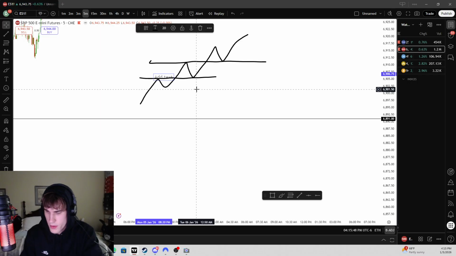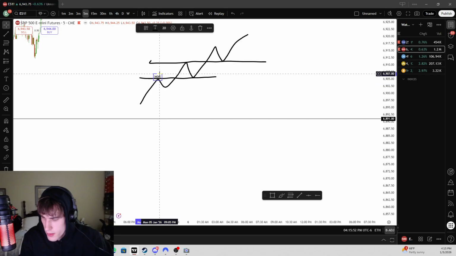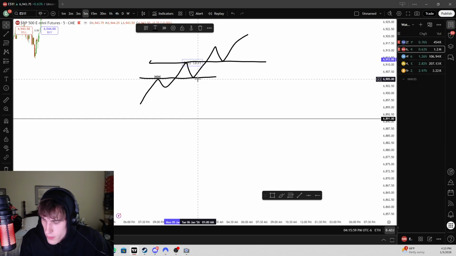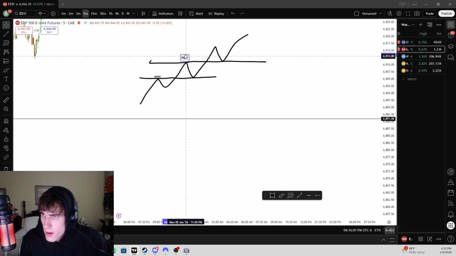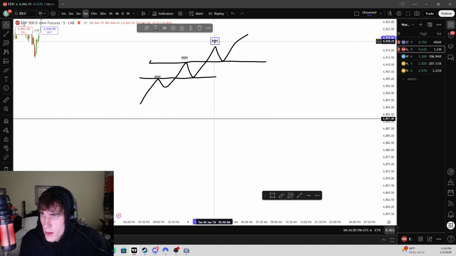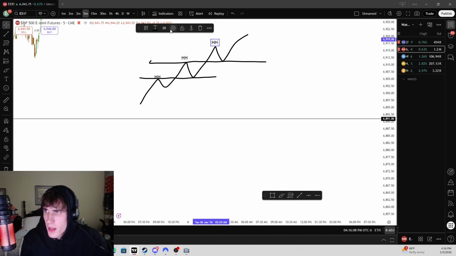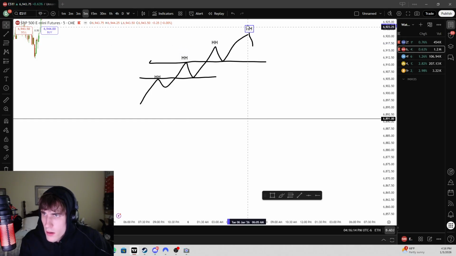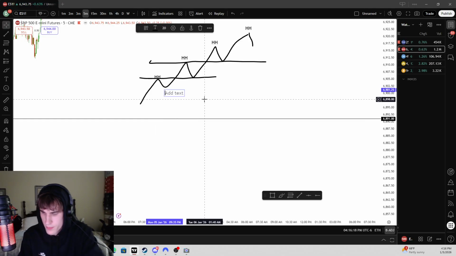We'll do higher high, okay, and this is another higher high. And this is another one. And then if I continued it, it would be another higher high right here. And then boom, so then we have our higher lows.